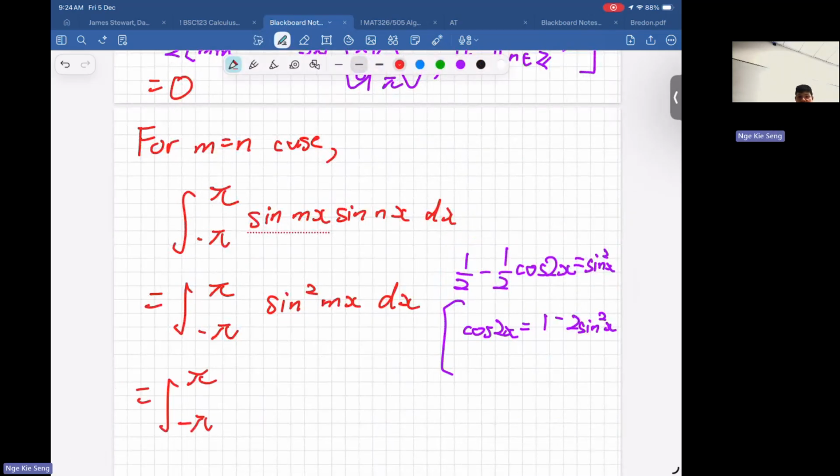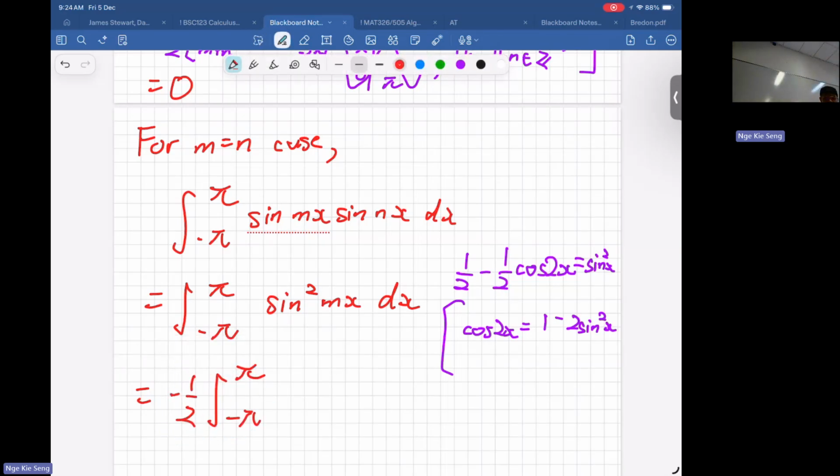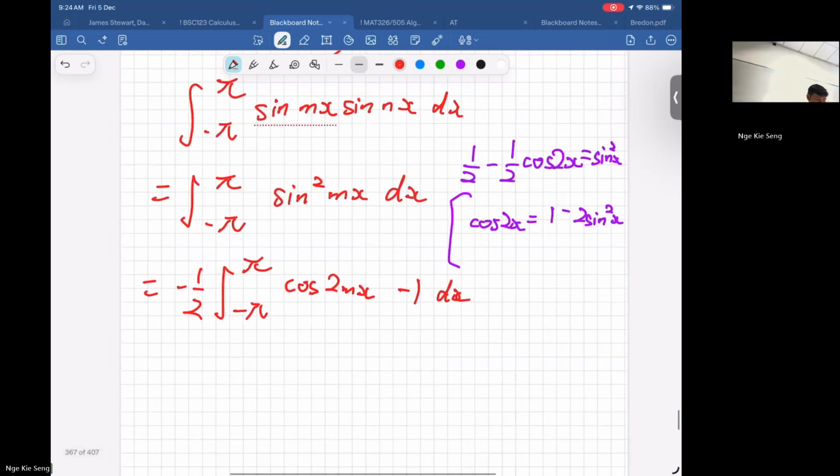So in this case, I will do some factorization. Factorize negative half, such that I get cos 2mx minus 1 dx. Do you still remember how to integrate this term here, cos 2mx? Cos is an even function, and minus pi to pi is symmetric around the y-axis, or 0.